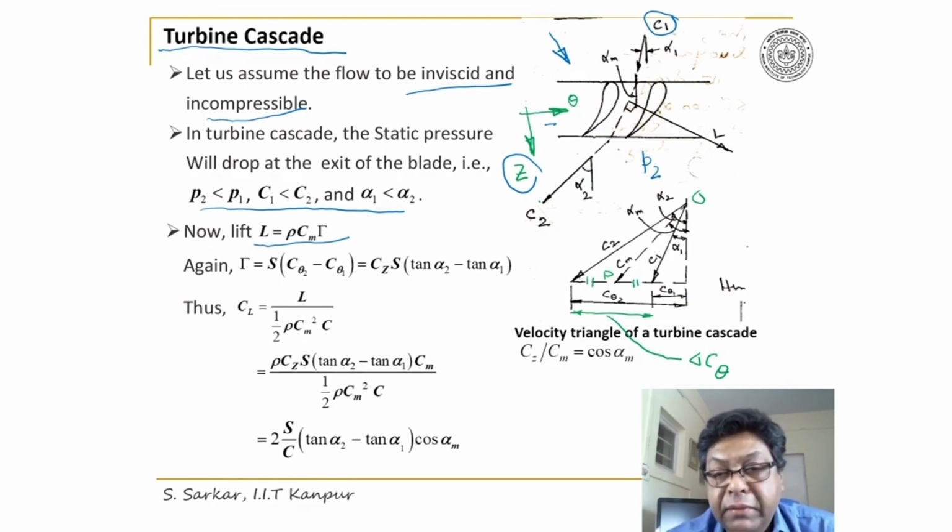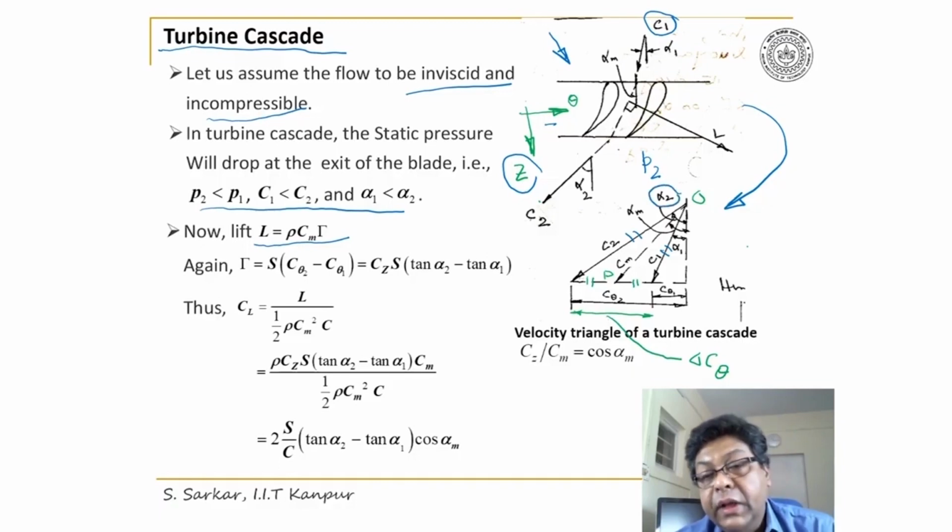To define vectorial mean velocity, I have gone to the velocity triangle as indicated, where C1 is the inlet velocity that makes an angle alpha 1 with the z-axis, C2 is the exit velocity that makes an angle alpha 2 with the axial direction. And here Cm is the vectorial mean velocity which makes an angle alpha m with the z-axis. I have evaluated Cm as I stated before.